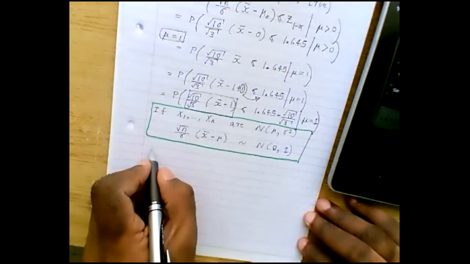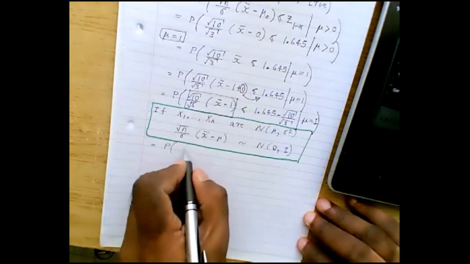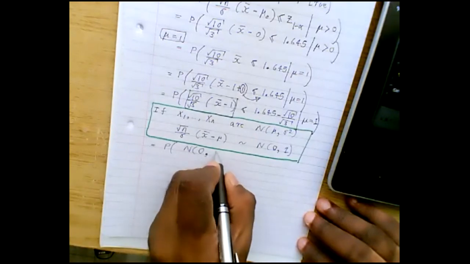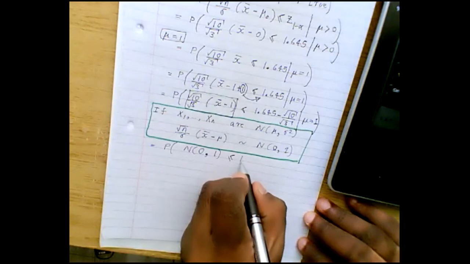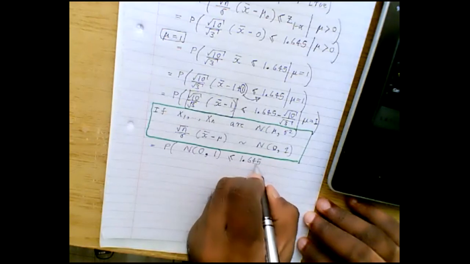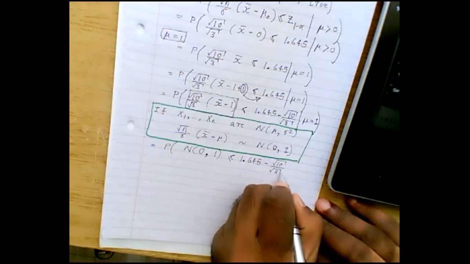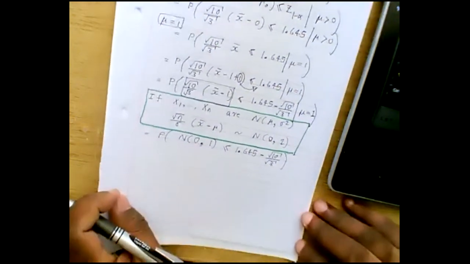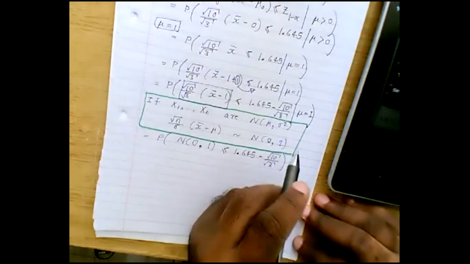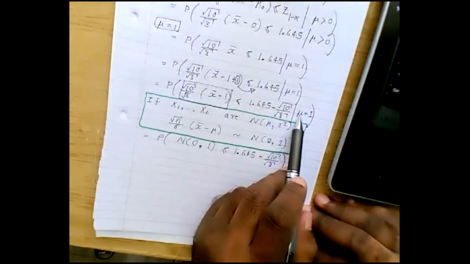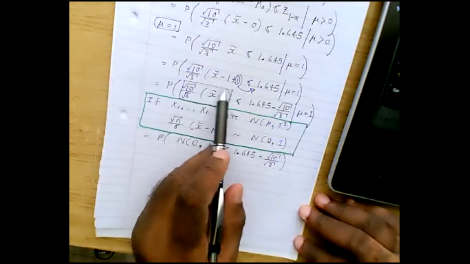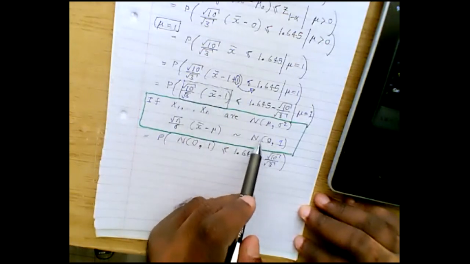So what you have is the probability that N(0,1) is less than or equal to 1.645. We don't need the conditioning anymore, because we have used the conditioning that the population mean is 1 to argue that this has the standard normal.